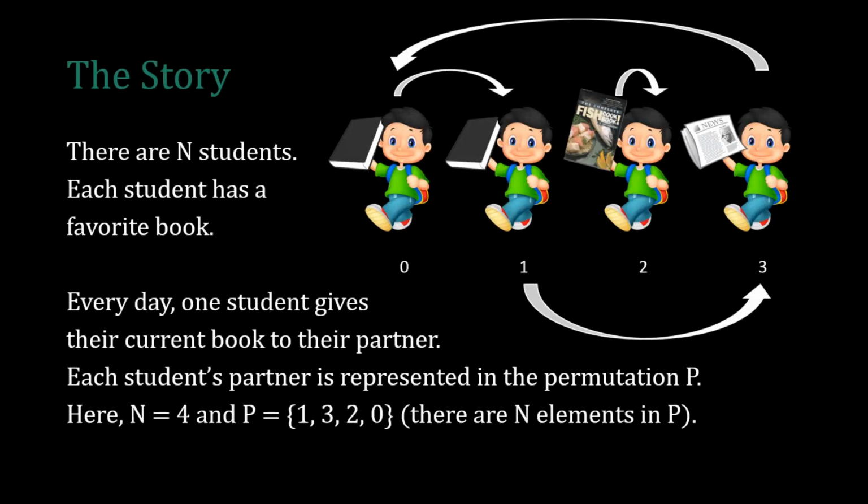So here's the task. How can we solve that? A very simple way is simply to look at each student and follow the journey of the book. For the first student, we're going to set a pointer at 0, then we'll see where 0 is going.